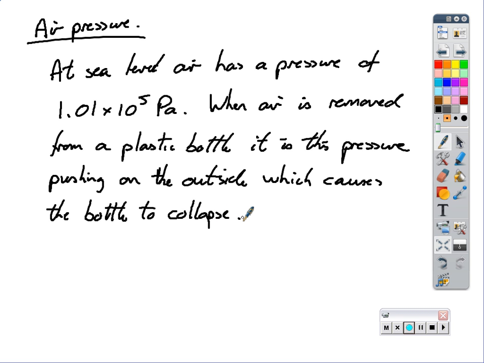So we always have this pressure. When you remove something, you're not sucking the walls in, you're sucking the air out, which causes the air on the outside to push in really hard and collapse it.